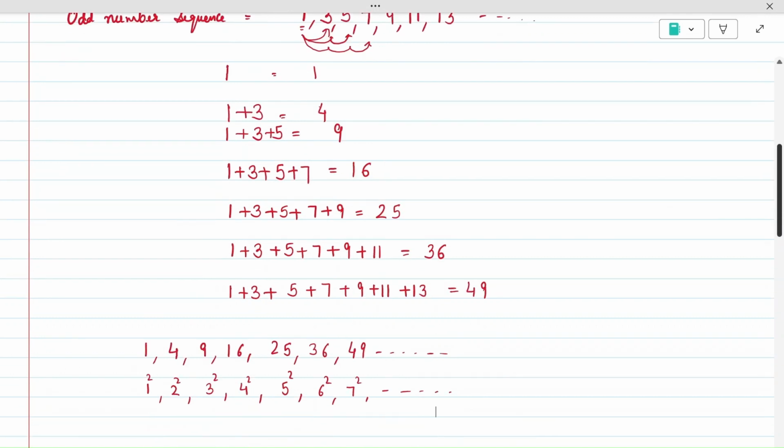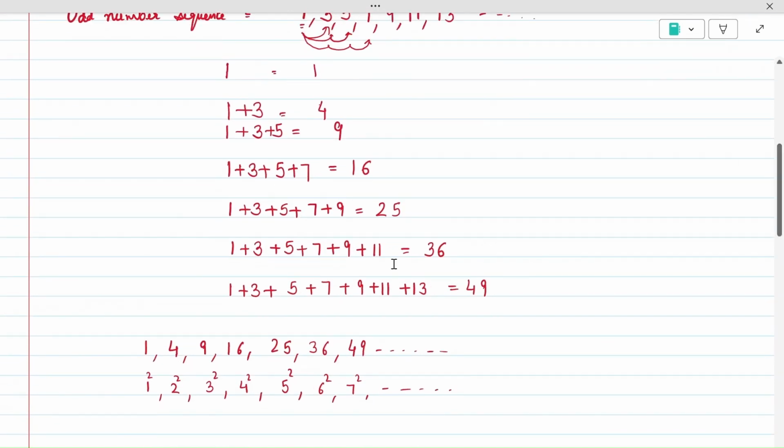And we realized that the output numbers which we got are another sequence, which is a square sequence. So we can write that this is a square sequence, this one, right?